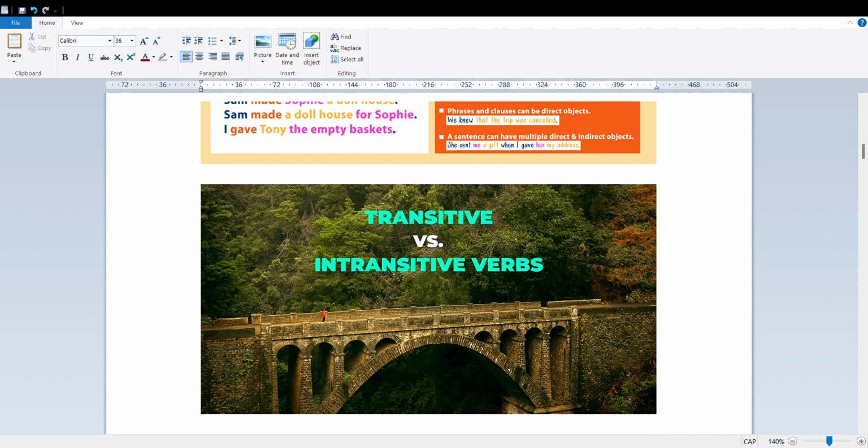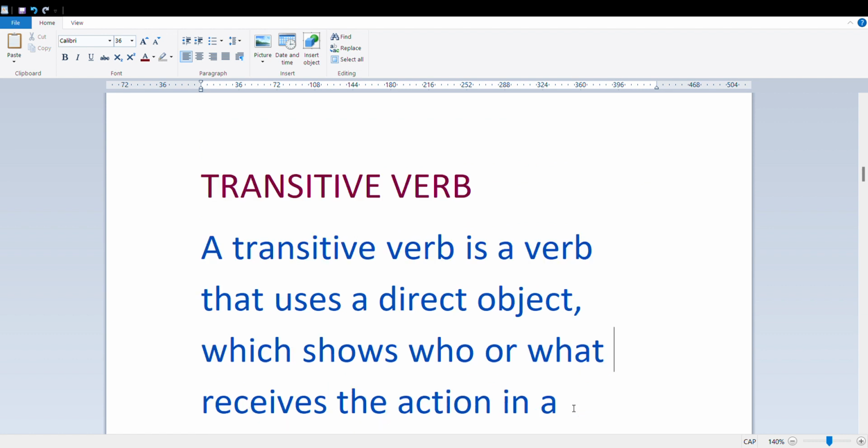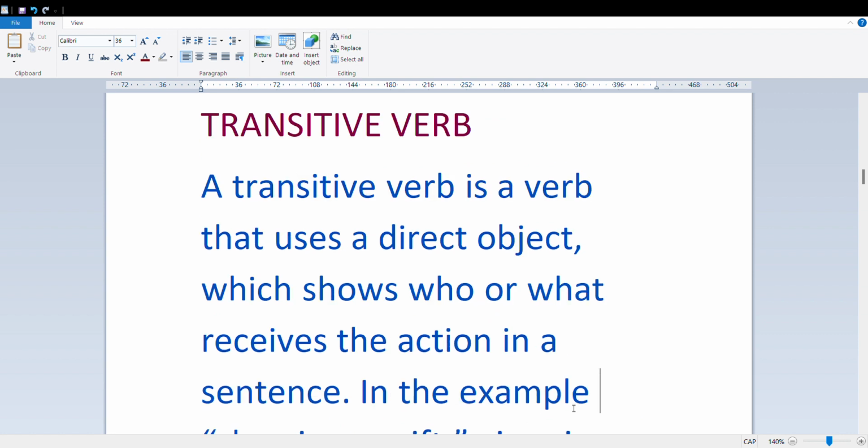Further, we are going to see transitive versus intransitive verbs. I hope you all got what is direct and indirect object, because with that identification we are going to learn about the transitive and intransitive verb. So what is a transitive verb?